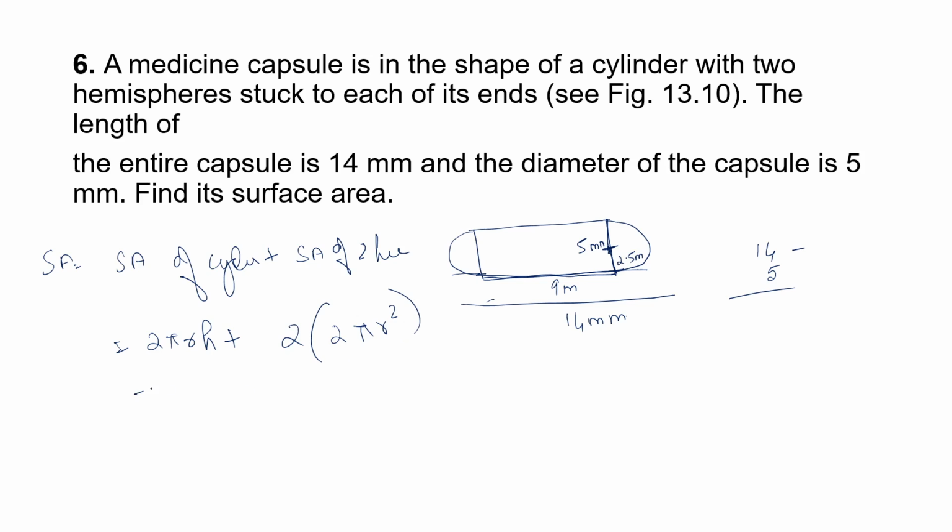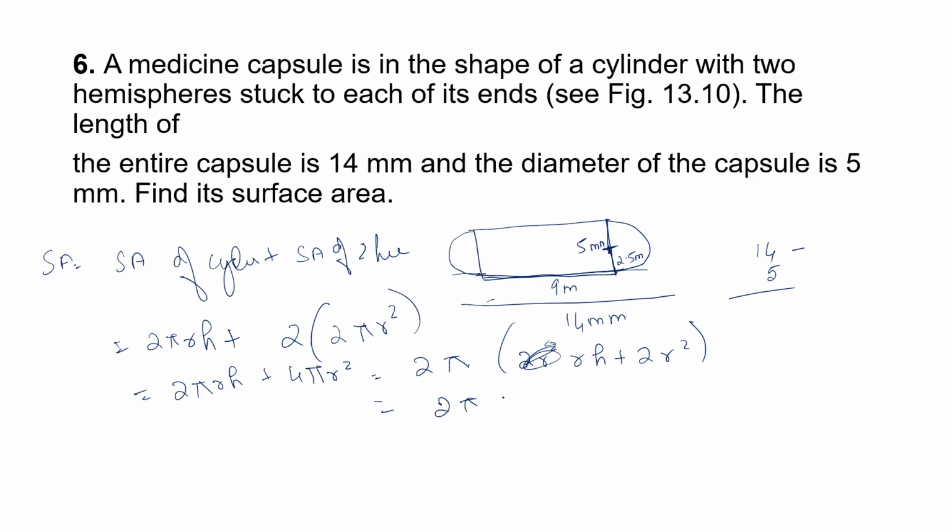So it is 2 pi r h plus 4 pi r square. You can take 2 pi outside, and then r h plus 2r square. So you substitute all the values.